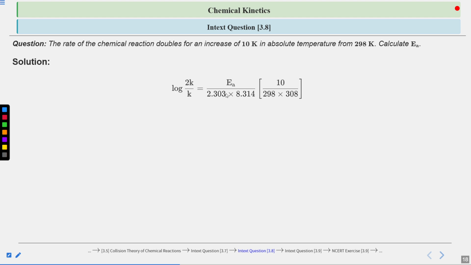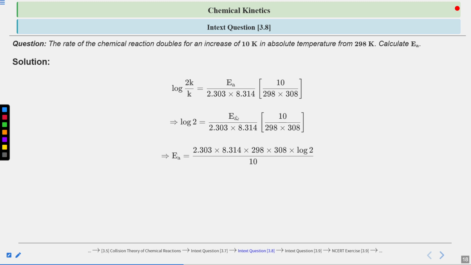So this is the equation, right? K will cancel out, and you can multiply the 2.303 by 8.314 and 298 by 308. So log 2 will be EA upon this whole thing.